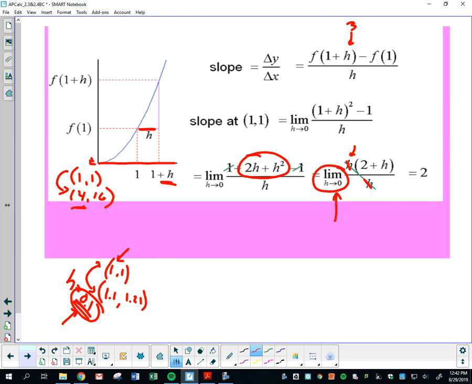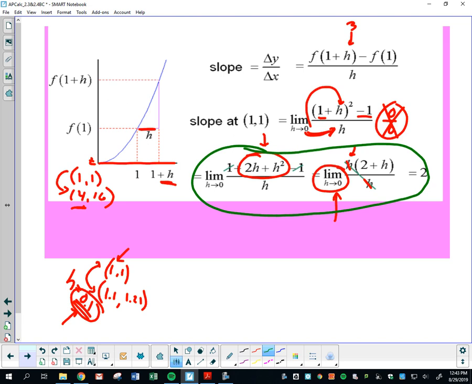If I substitute the 0 in originally, I get 1 minus 1, which is 0, and 0 in the bottom. You can't do that with a direct substitution of a limit. So this algebraic simplification that is all done here, the purpose of that is so that I can plug in 0 now. Then I get 2.